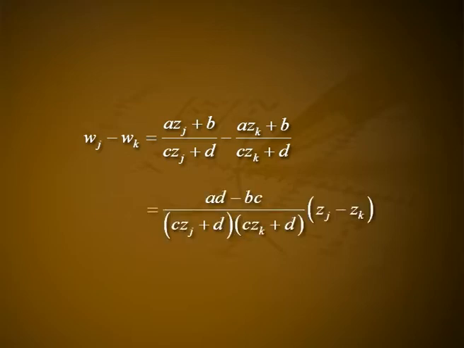If these points are finite, then we have wj − wk = (azj + b)/(czj + d) − (azk + b)/(czk + d), which is equal to (ad − bc)/((czj + d)(czk + d)) × (zj − zk).